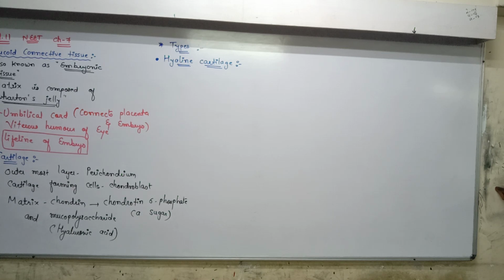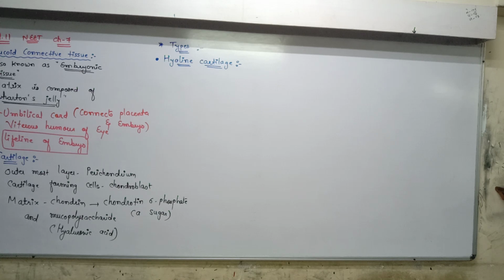It is maximum in the human body. Glass-like appearance. Hyaline cartilage in Gujarati is called kachvat kasti, because it looks like glass.